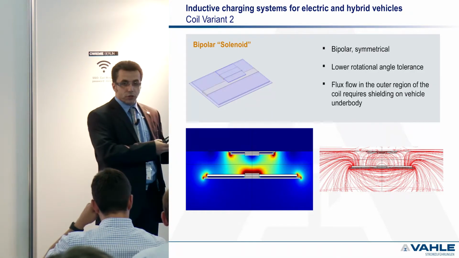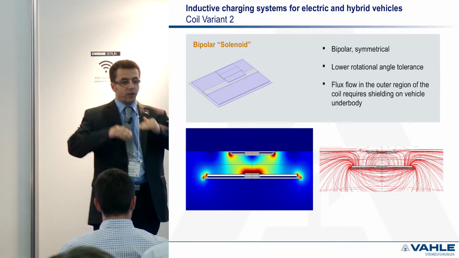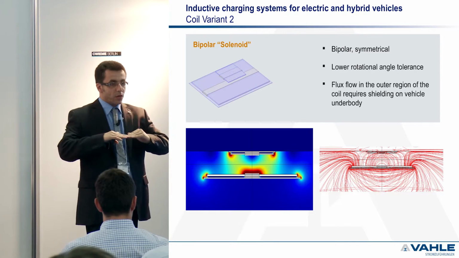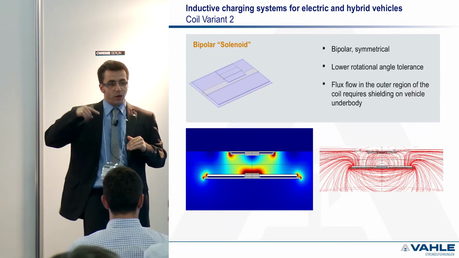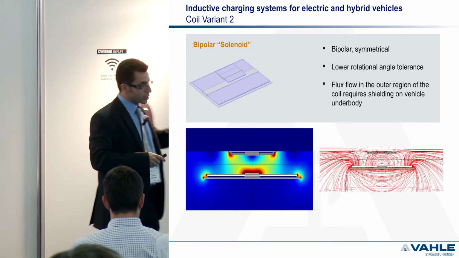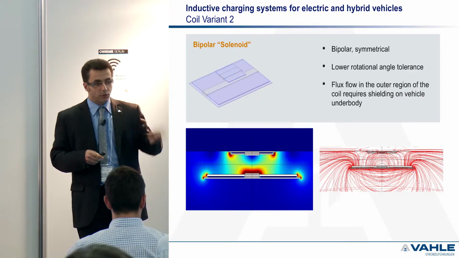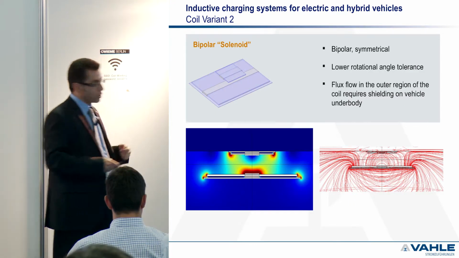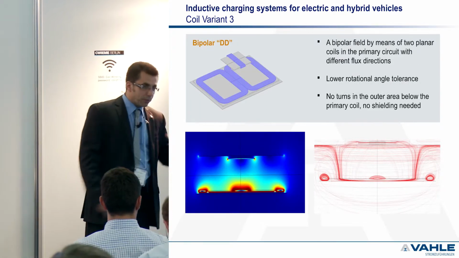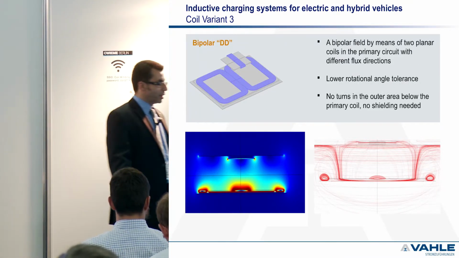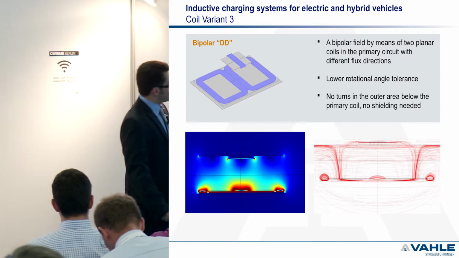You saw the first coil didn't have any copper on the top of the coil, so you didn't have so much magnetic field. So if you go to this kind of coils, you have to do some shielding, and this means also eddy currents. Also, there is a bipolar coil which has the advantage that you don't have to shield it.